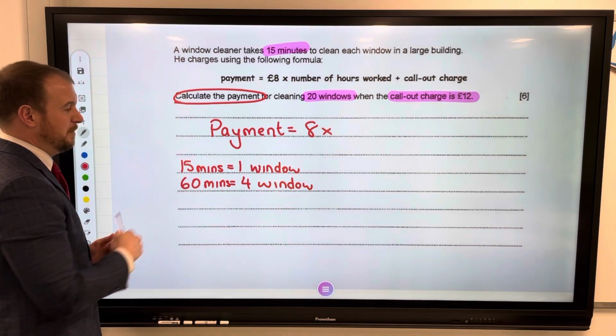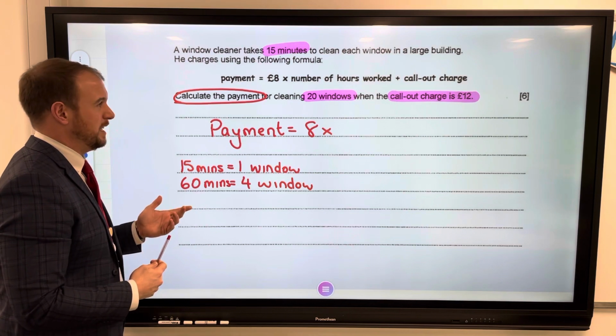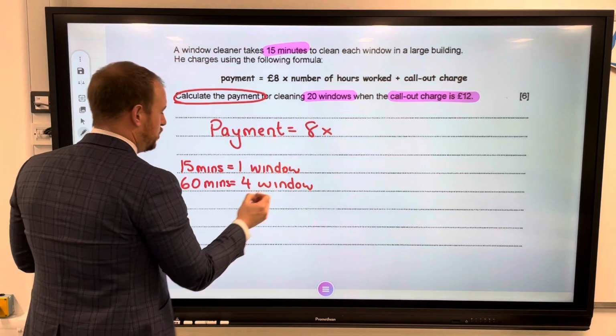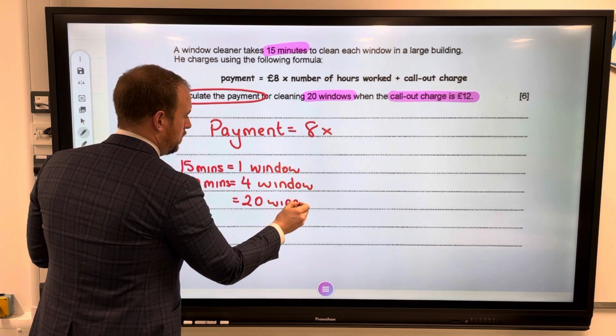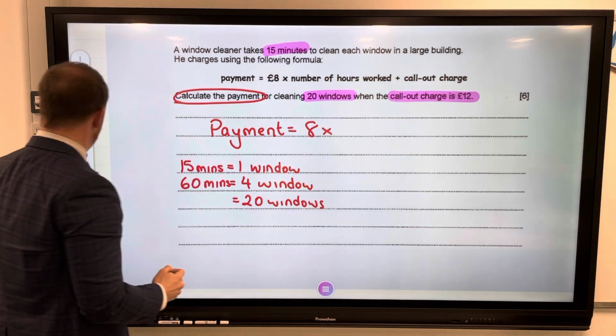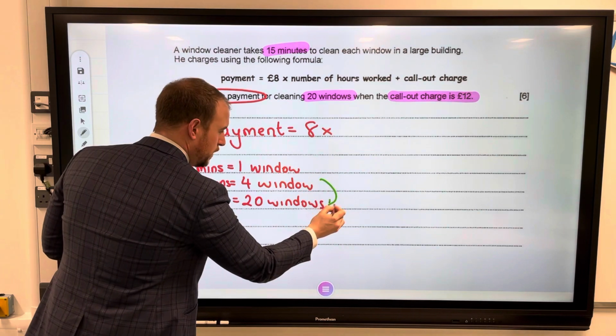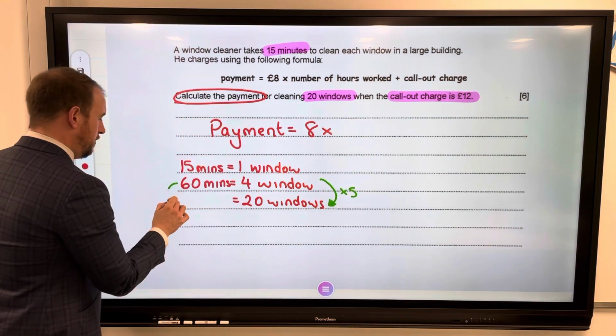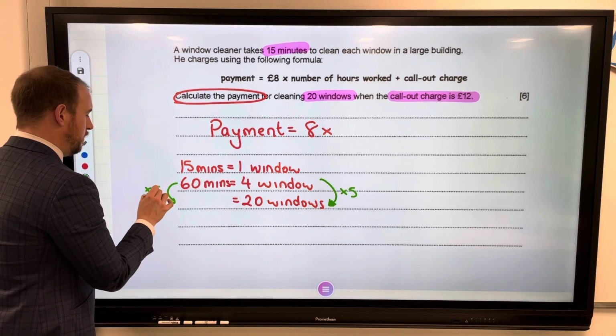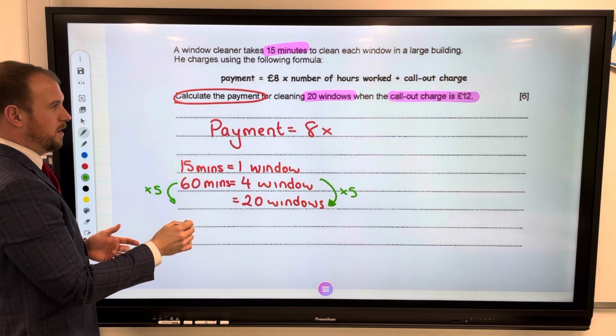I've picked 60 minutes because obviously that is an hour. But we're getting 20 windows. What have I done to get from 4 to 20? Times it by 5. So I do the same here. Times by 5. Well, 60 minutes is 1 hour.